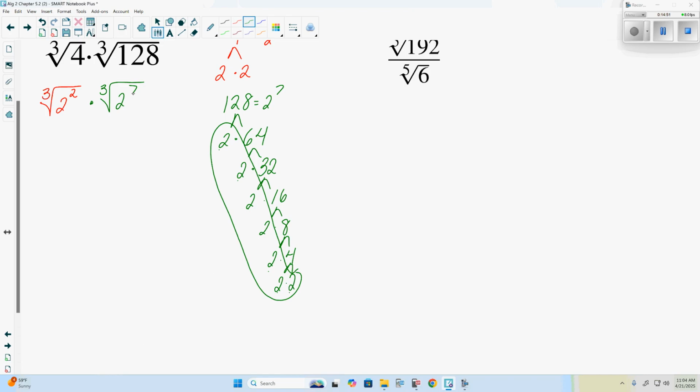Questions on this so far? Because the whole point of all of this here is to be able to reduce these roots as far as possible so that we can simplify where needed.